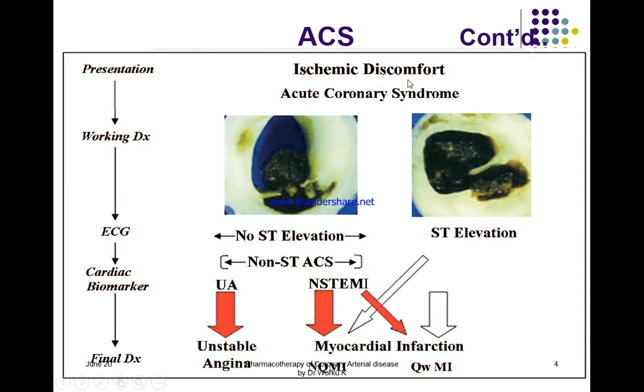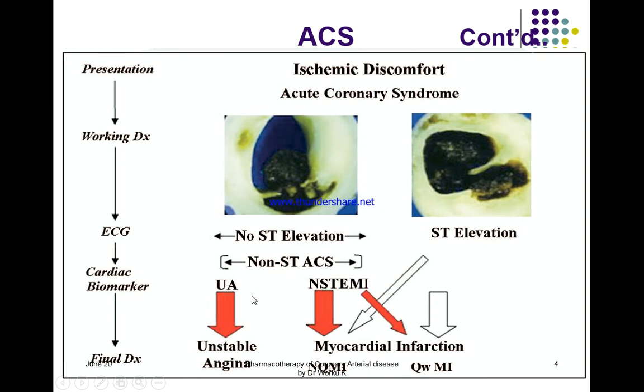So acute coronary syndrome is a spectrum of disease. Presentation is usually ischemic discomfort, which is explained by the patient. After the discomfort, if you investigate with ECG, there will be ST elevated myocardial infarction or non-ST elevated myocardial infarction.